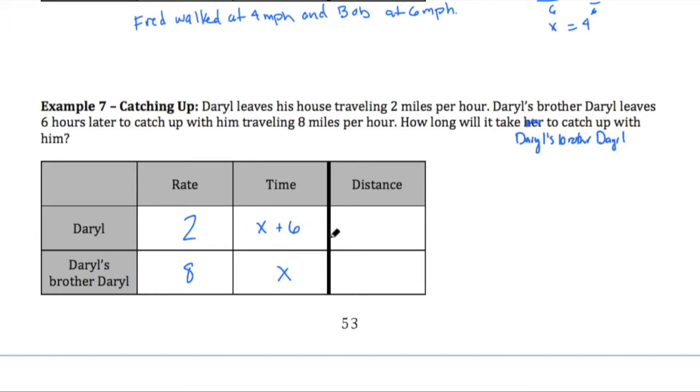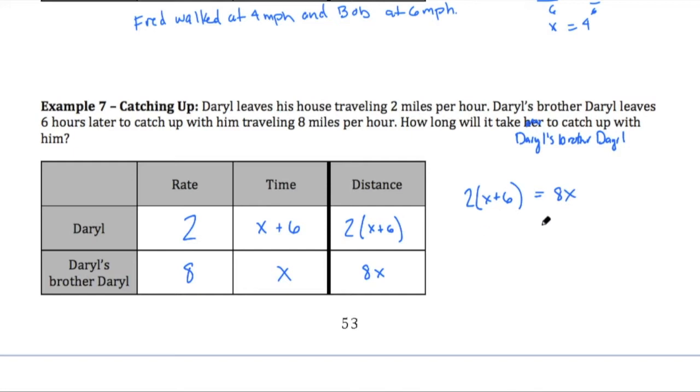Now we can go ahead and complete our table because we know rate times time equals distance, so 2 times x plus 6 is going to be the distance for Daryl, and Daryl's brother Daryl will be 8x. Great, so we really want to know when their distances are the same. So 2 times the quantity x plus 6 will eventually be equal to just 8x.